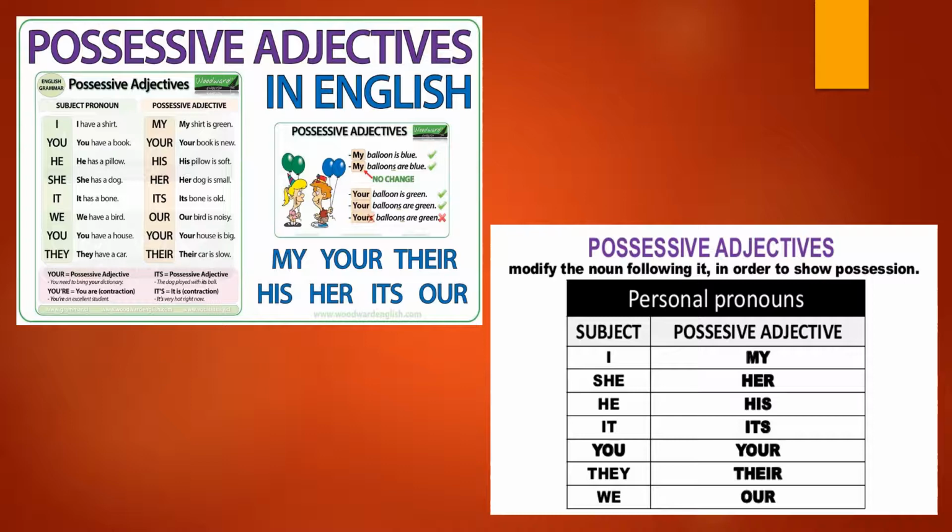Now take more examples. This is my friend. These are our photographs. Please give me your pen. Mohan has filled up his application form. Mohini helps her mother in household work. The dog has hurt its tail. Their behavior was very rude towards us.